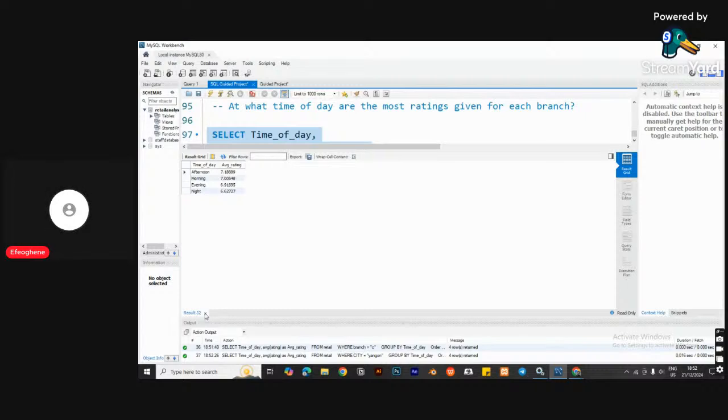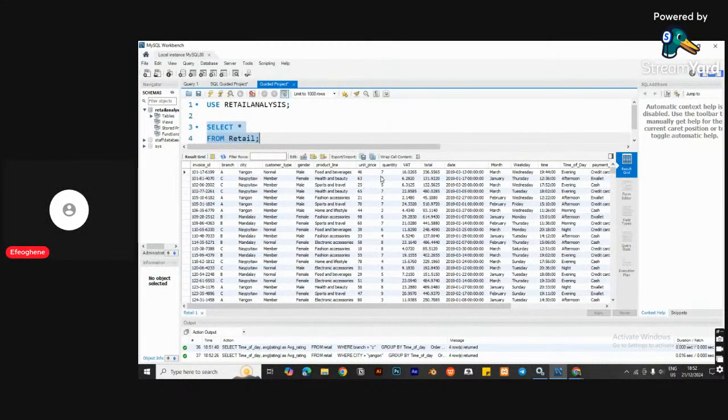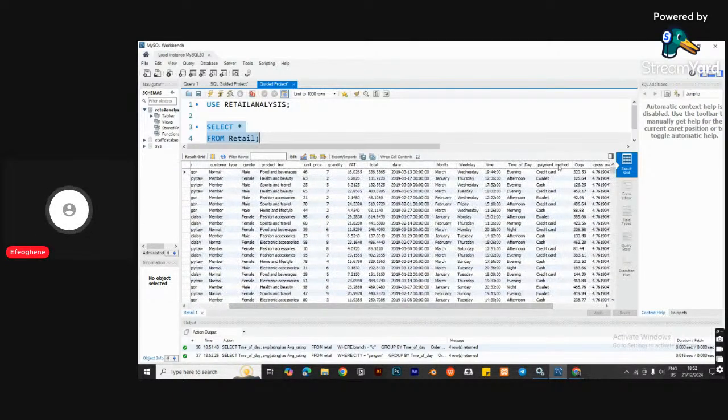So you can, in your spare time, go through this project again. Let me give you some heads up. You might not even use rating here. You can use payment method. Let's see the method that is widely adopted. Look at payment method here.